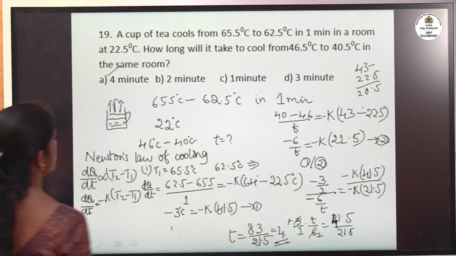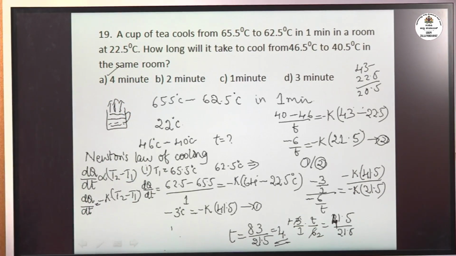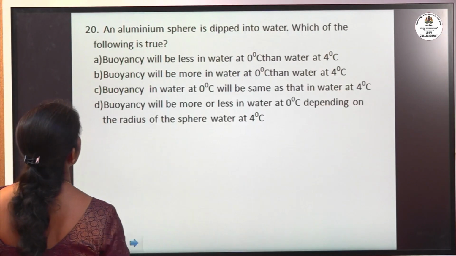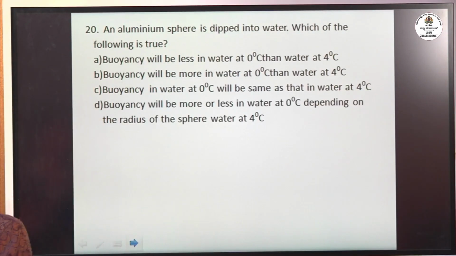Next, let us go to the next question. An aluminium sphere is dipped into water.